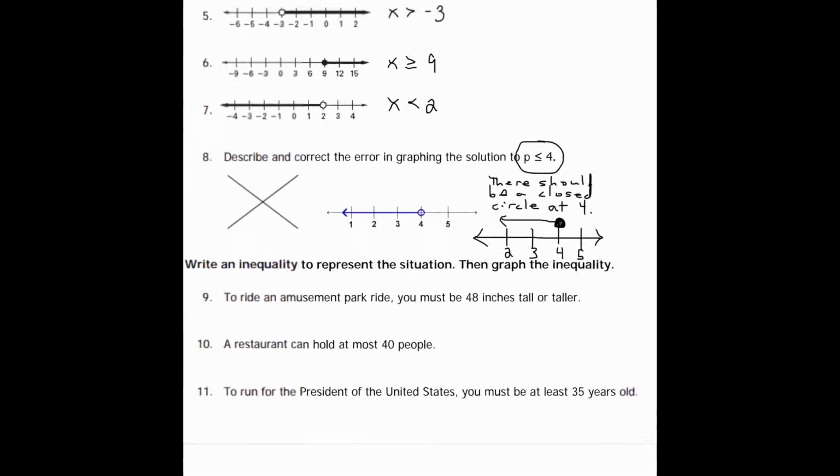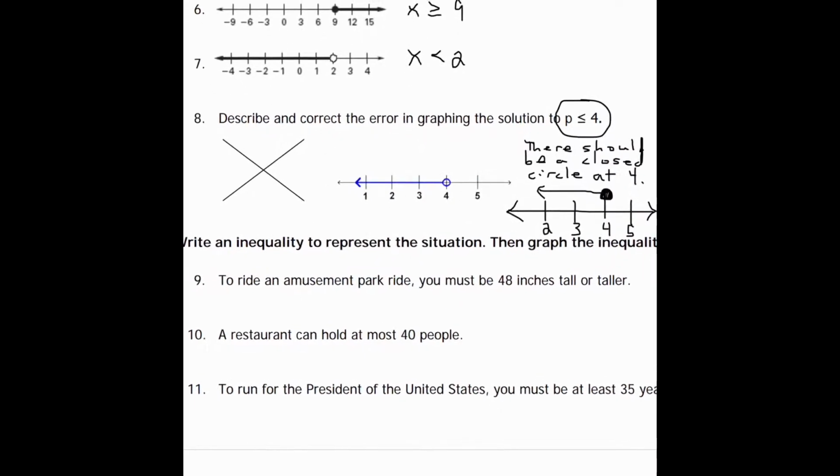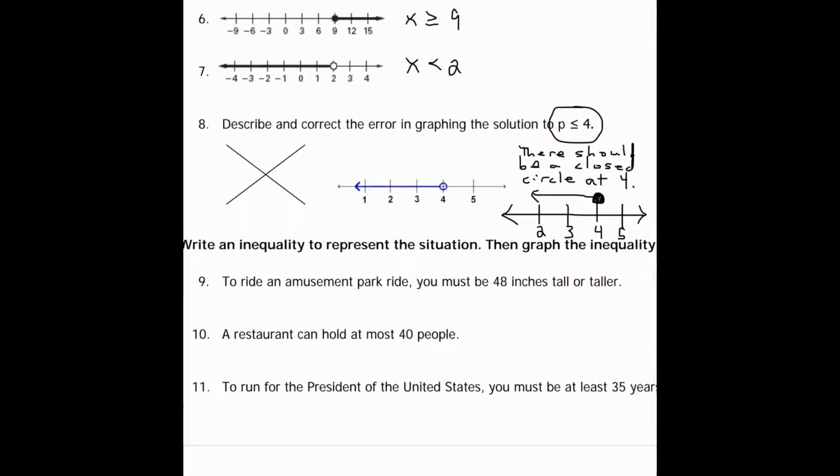All right, number 9. Write an inequality to represent the situation, then graph the inequality. So, to ride an amusement park ride, you must be 48 inches tall or taller. So we're going to use the variable x for each of these questions. x, you must be 48 inches tall or taller. So greater than or equal to 48, because we can be 48 inches or any amount of inches larger than that, which would mean you're taller than 48.